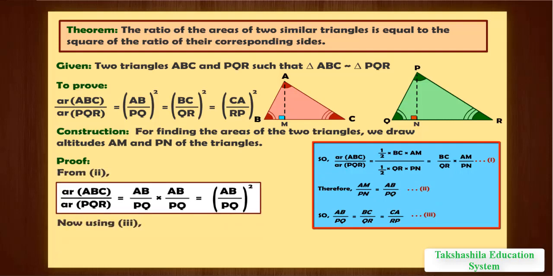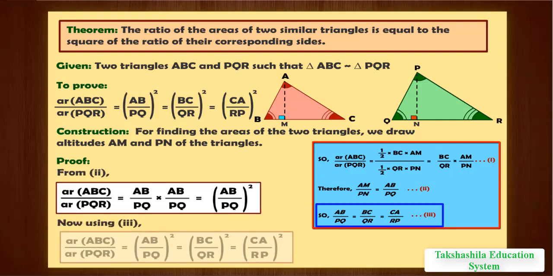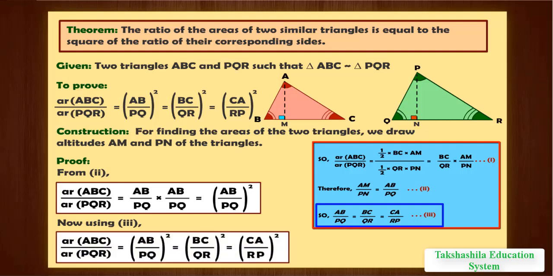Now, using equation 3, we get area of ABC upon area of PQR is equal to AB upon PQ whole square is equal to BC upon QR whole square is equal to CA upon RP whole square. Let us take some examples for better understanding of the use of this theorem.